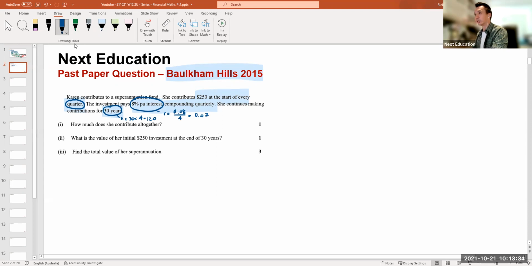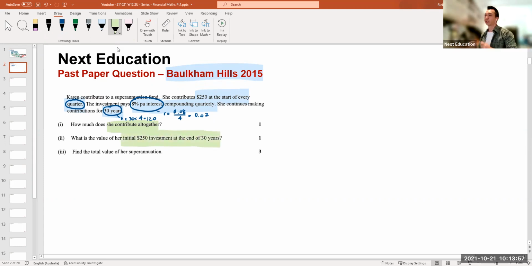So let's just line all our ducks in a row. The question is, how much does she contribute altogether? Now, that's suggesting just no compounding. If she put $250 every quarter, how many lots of 250 did she actually put in? That's what part 1 is all about. Number 2, what is the value of her initial $250 at the end of 30 years?